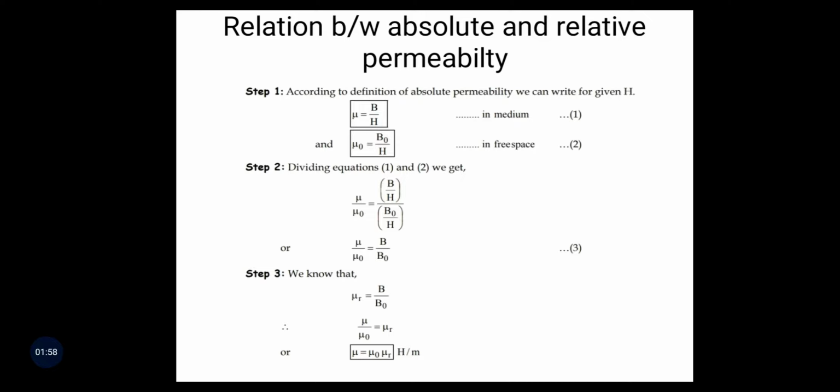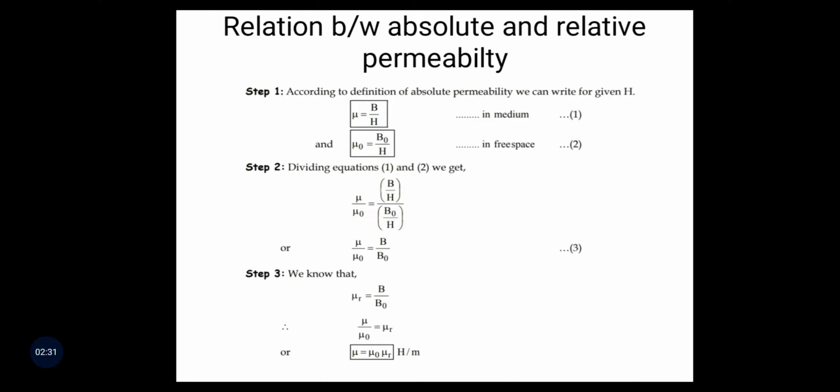We know mu r equals B by B naught. So mu by mu naught equals mu r. Here mu equals mu naught into mu r.